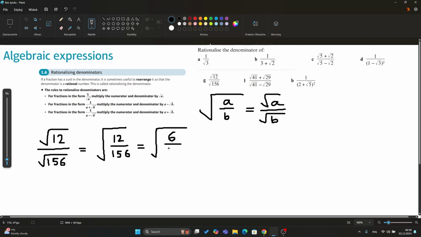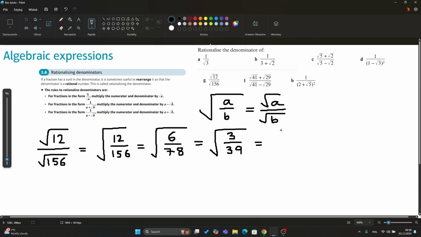So divide this by 2 is 6 over 78. Now simplifying it even further, divided by 2 again, is going to be 3 over 39.